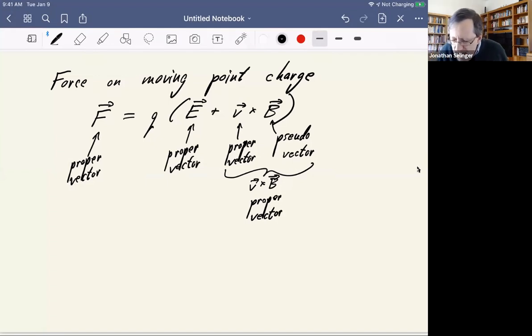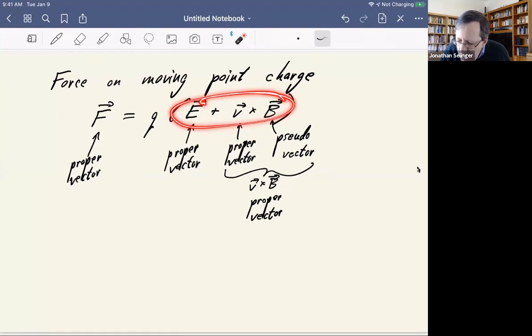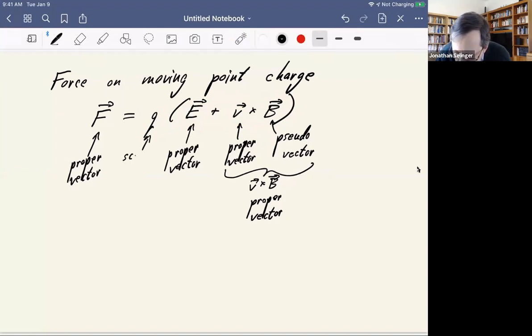So we have E, that's one proper vector, plus v cross B is another proper vector. So this whole thing is a proper vector, times Q is a scalar, and that gives us a proper vector. Okay. So this equation is great.